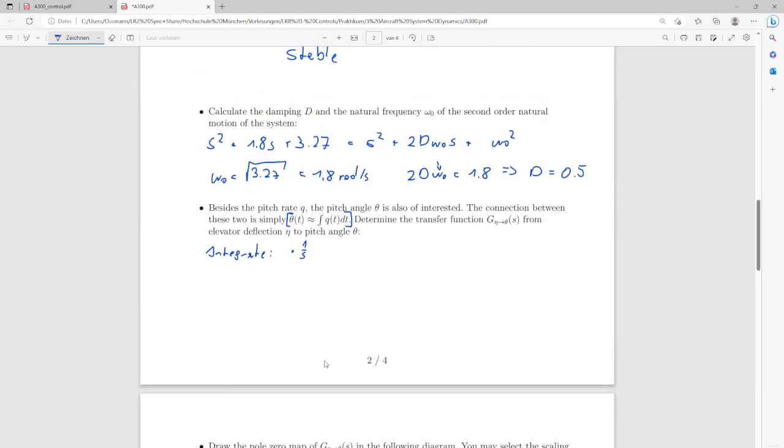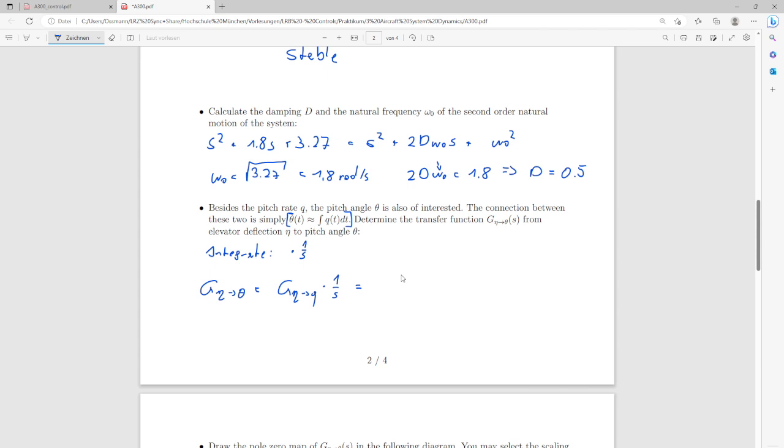So we know that the transfer function from eta to our pitch angle is nothing but taking the transfer function from the elevator to our pitch rate and integrating it, which is nothing but multiplying by 1 over s, and that's actually already it.